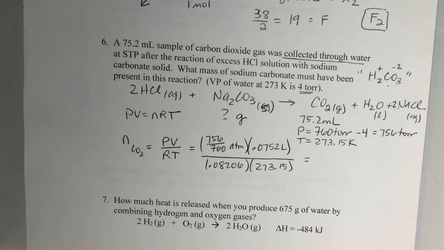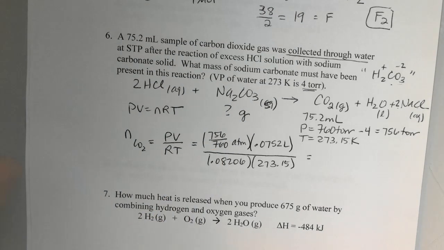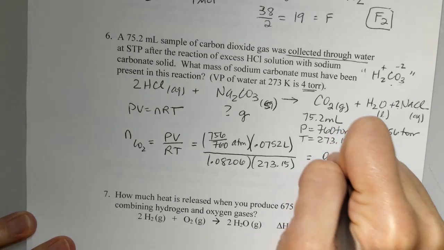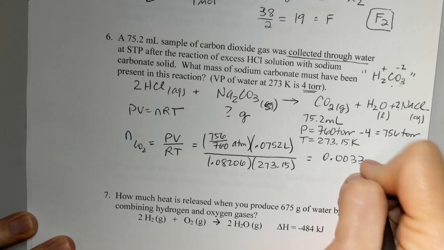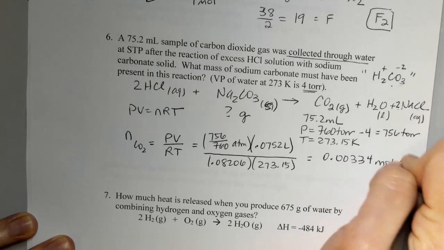So when I take the 756 divided by 760, I get 0.995 atm. So that's my pressure in atm. Multiply that by 0.0752 liters, divide by 0.08206, divide by 273.15, and I get 0.00334 moles of CO2.